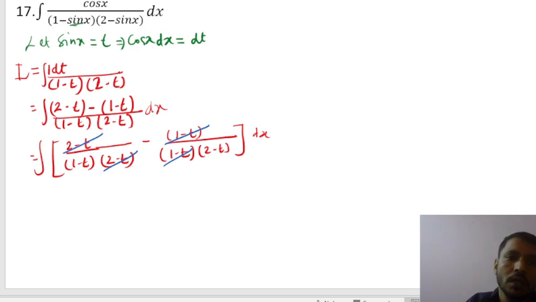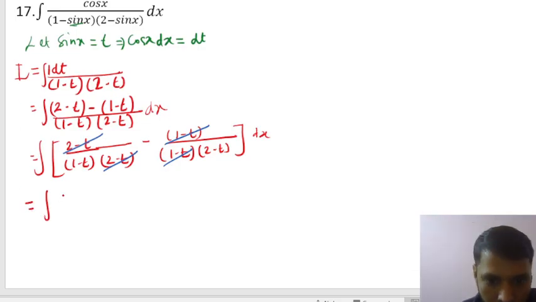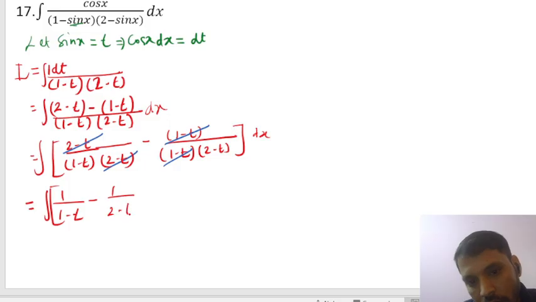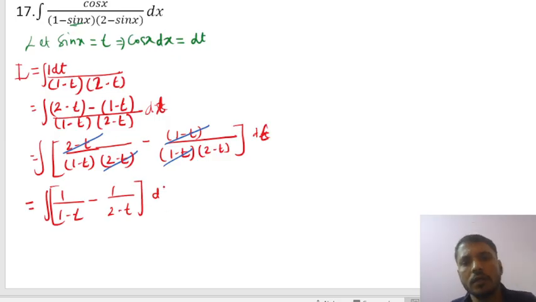So what are the remaining terms? We have just the integral of 1 by (1 minus t) minus 1 by (2 minus t), and it is dt everywhere, because we have converted it to dt.